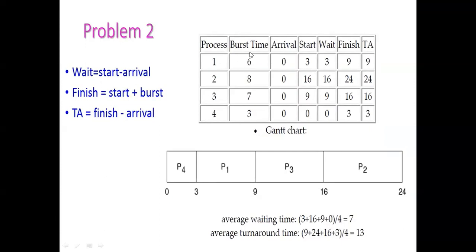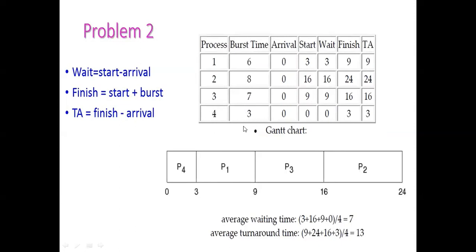So, 4 processes are involved, and the burst time is given here and the arrival time is not given. So always, if you want to solve the problem using the shortest job first scheduling algorithm, we need to focus on the CPU burst time, which process has the shortest or smallest burst time.